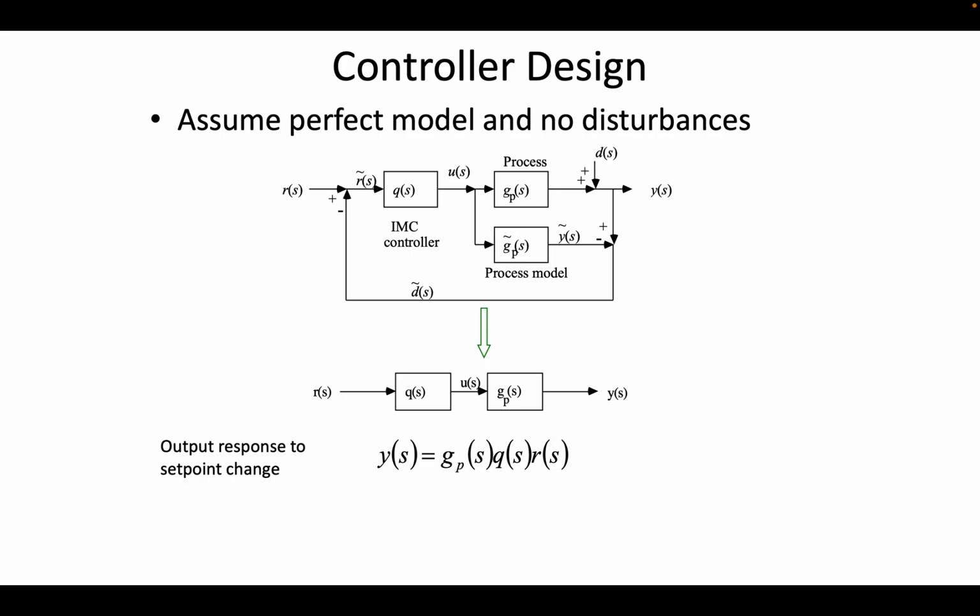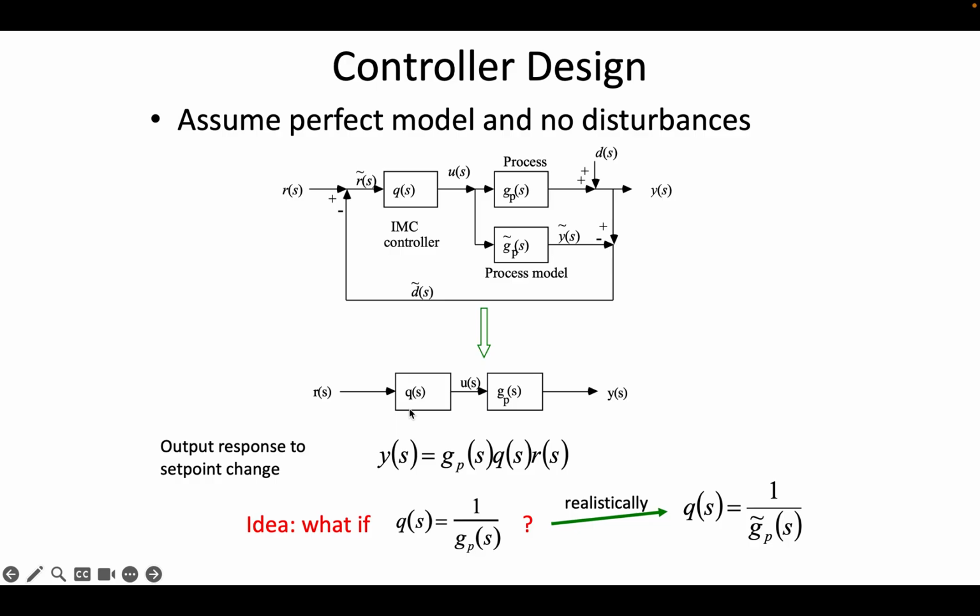So in this particular scenario, the output to a set point change R is simply going to be the process transfer function times that controller Q. So in the limit, what if we could just say that Q is equal to the inverse of the process? So that's Q is equal to 1 over GP, and then that would tell us that the output is equal to the set point. So you can perfectly track the set point.